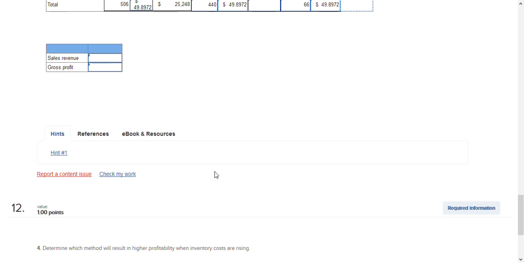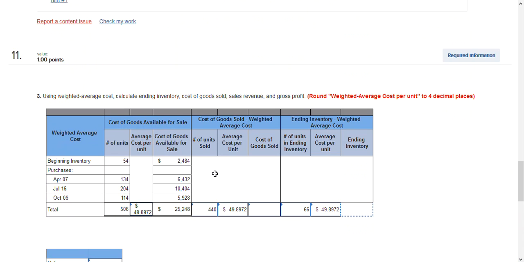So you should notice one more thing. Let's just go ahead and do this math because I want to show you something. So 440 times 49.8972, it's like $21,954, and I'm not sure about if we are to round here or not, so let's just try it.